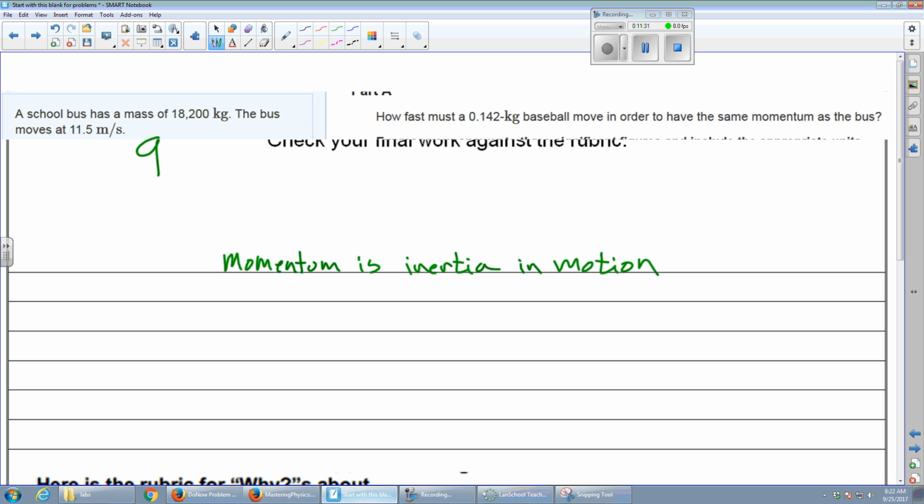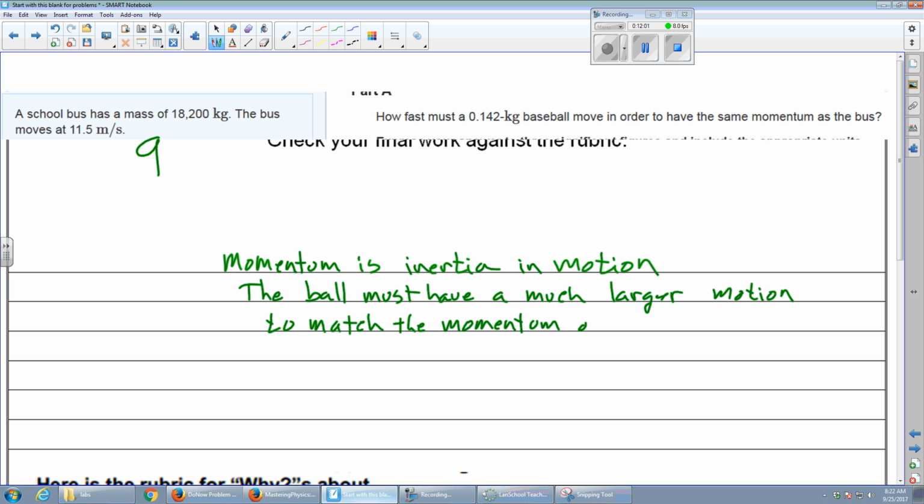And I would say the ball must have a much larger motion to match the momentum of the more massive bus.